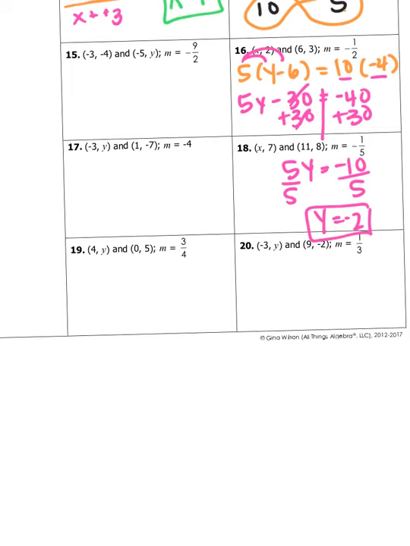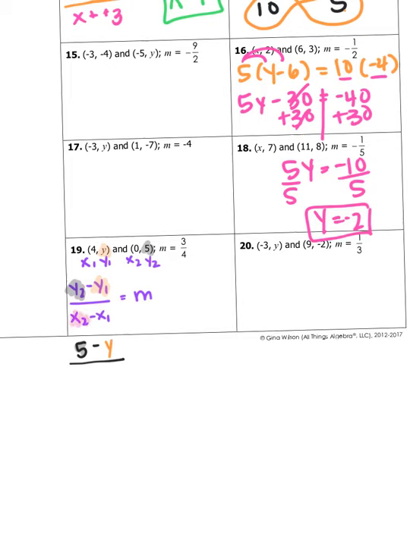All right, let's try number 19 together. So again, first thing you want to do is label. That's my x1 and y1, x2 and y2, and then of course I have my m. So if we write our formula, y2 minus y1 all over x2 minus x1 equals m. And then we'll fill everything in. So y2 is 5 minus y1 is y, that's the one I don't know, all over.